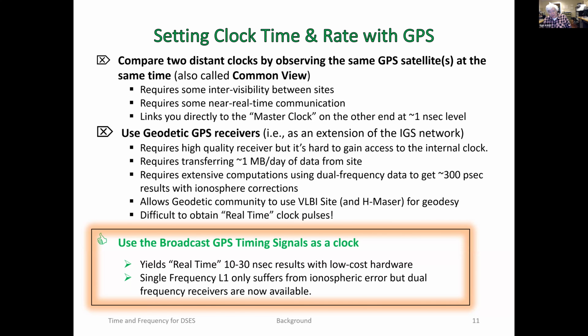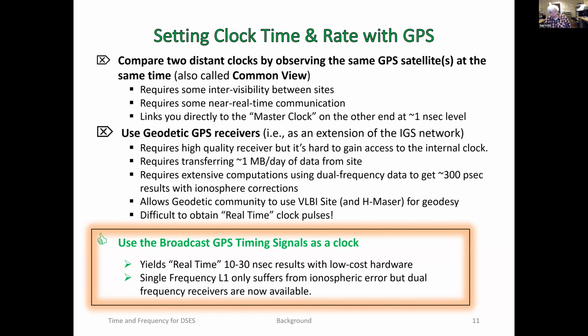And as GPS has evolved, we have designed better and better receiver modules and better signals from the satellites themselves. And actually, I think what I'm saying here is still very achievable for tens of dollars. We can get real-time performance out of a GPS timing receiver in the 10 to 30 nanosecond range.